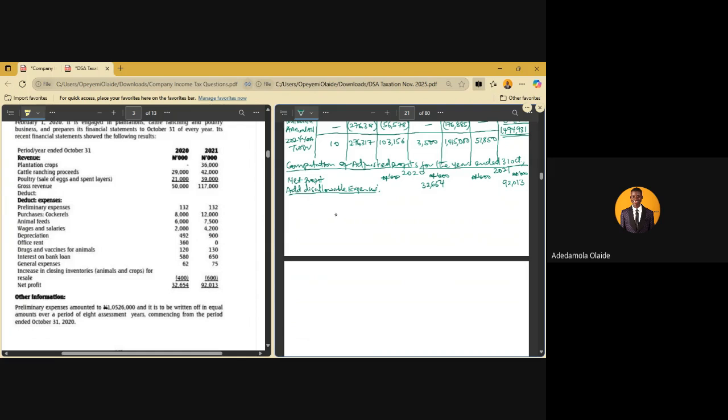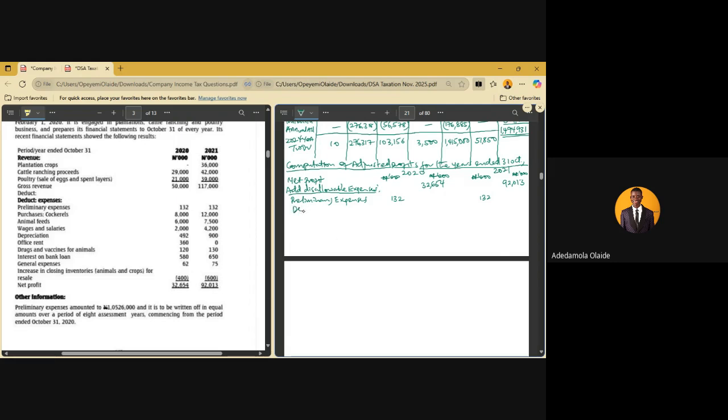Disallowable expenses will be what? We have preliminary expenses. Preliminary expenses are generally disallowable, even if they don't contain capital expenditure. Any expense that is not incurred during the year will not be allowable. So loss paid during the year. Then we have what else?